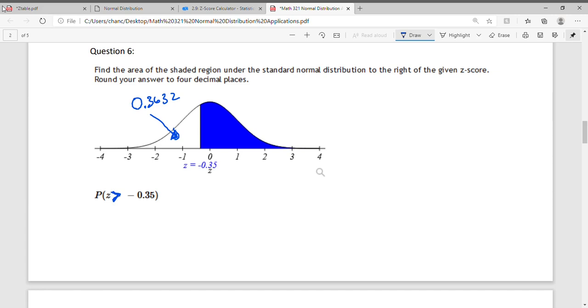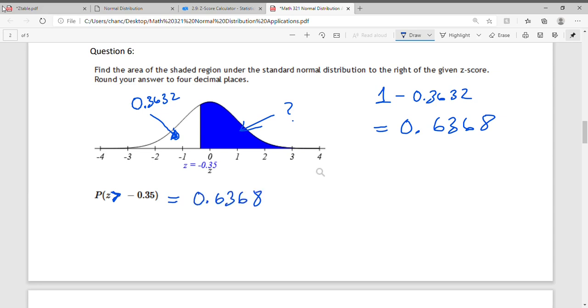So we'll have to figure out what this is, and to do that we'll subtract from 1 because the total is 1. I can subtract what I don't want. So 1 minus 0.3632 is going to give me the area on the right. And that is 0.6368. So our solution for the area to the right of negative 0.35 is 0.6368.